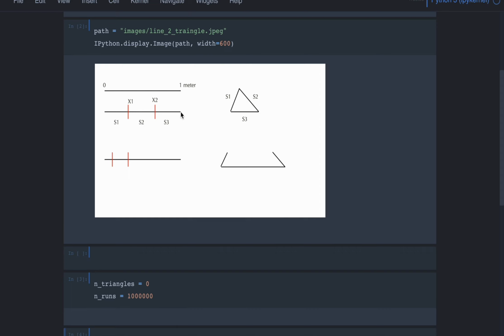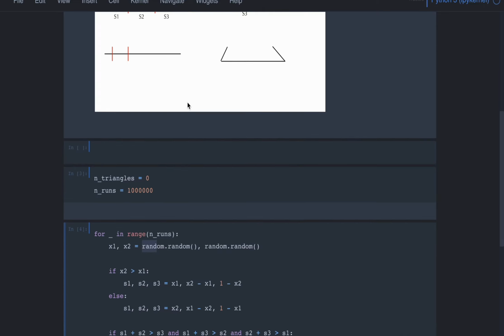The length of 0 to x1 is x1, so the length of the first segment S1 is x1. The length of the second segment S2 is x2 minus x1, because x2 is larger. And finally, the length of the third segment is 1 minus x2, since the endpoint is 1. This is the case when x2 is larger than x1.